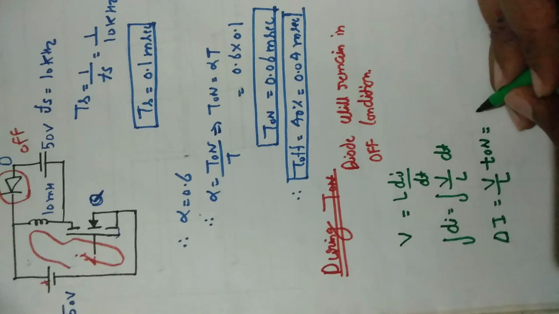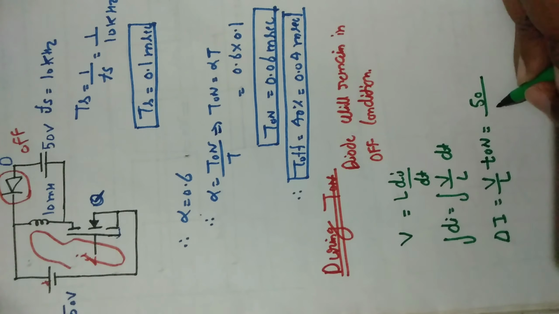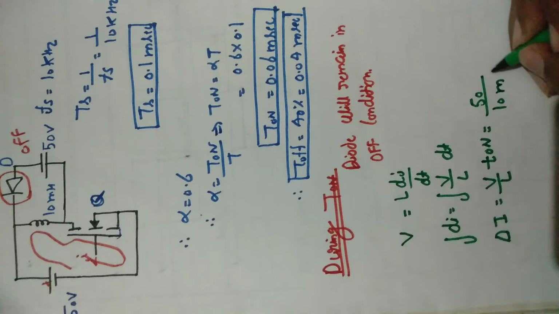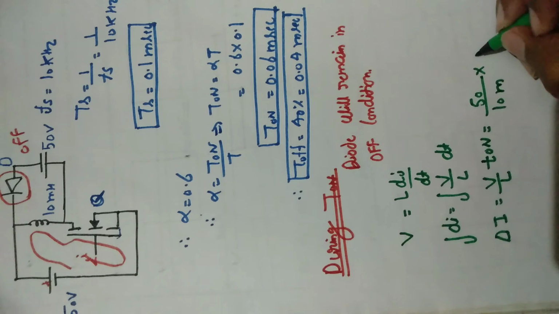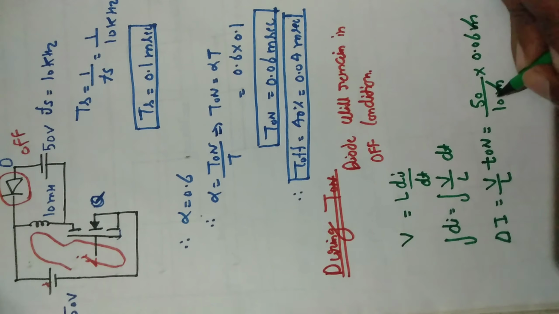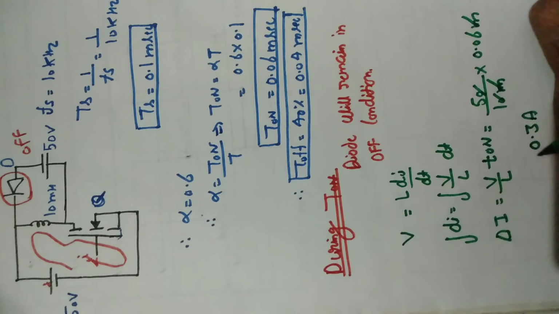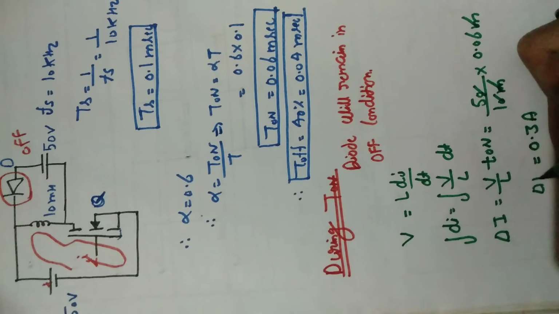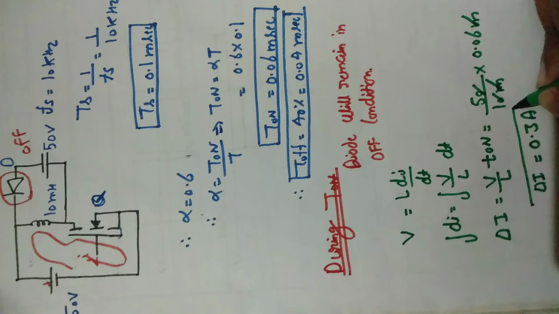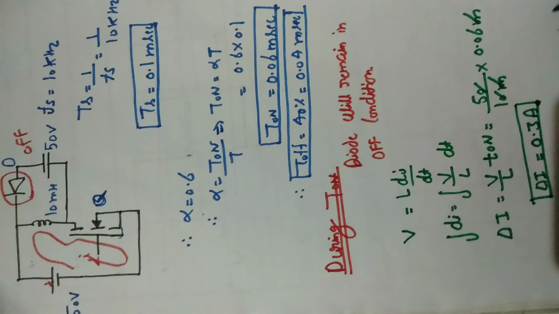Substitute the value V equal to 50 volt, the value of L is 10 millihenry, into T on 0.06 millisecond. Milli cancels out, 0 cancels out. We get 0.3 ampere as the current during T on.